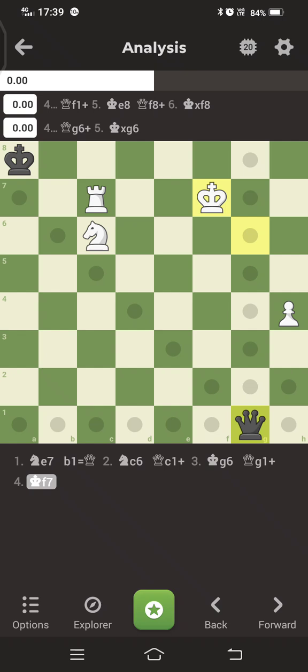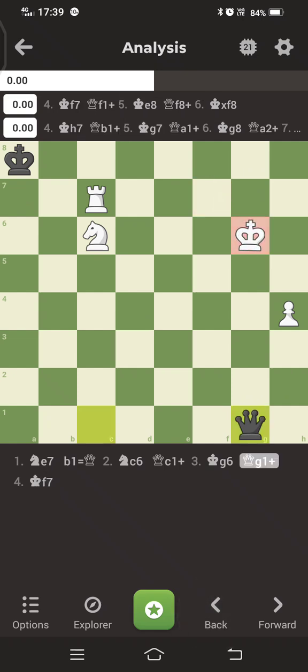Now let's continue. Another interesting move for white is moving to f6. Now f6 is a tricky position because the queen can give a check to the white king and attack the black pawn.